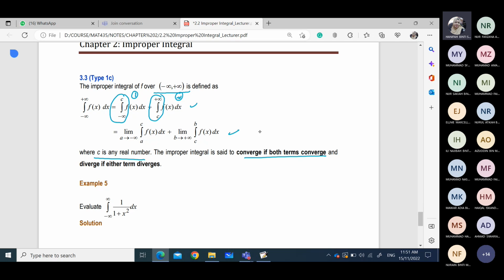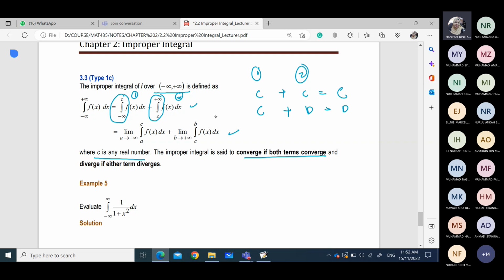Kalau salah satu diverge, maknanya the improper integral diverges. Let's say the first term converges and the second term converges, so the improper integral will converge. If the first term converges but the second term diverges, then the whole improper integral will diverge.